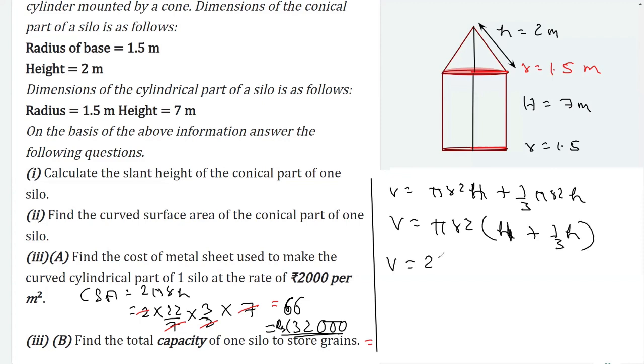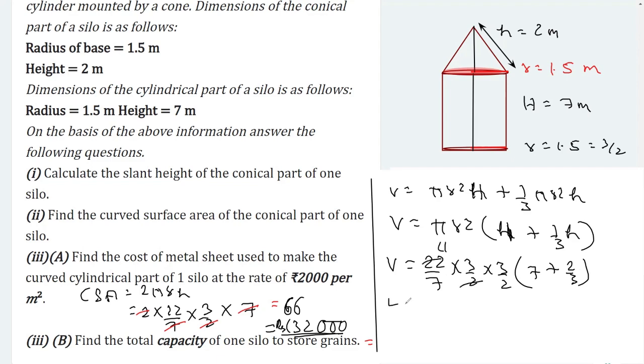So let's plug in the values. Pi is 22 upon 7, r square, as I said, r is actually 3 by 2 here, so I'll be writing 3 by 2 squared. This will minimize the calculation. Times capital H, which is 7, plus 1 over 3 of small h, that is h is 2 here, right? So it's 2 by 3. Now for further simplification, these two can be cancelled.